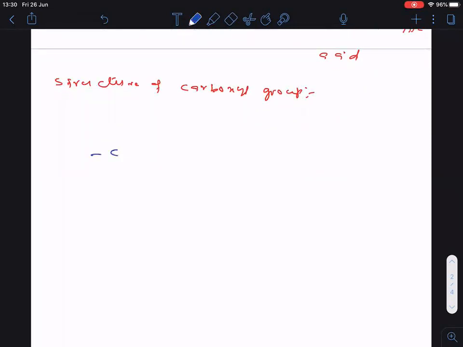Now, carboxylic acid is this one, am I right? So here the oxygen carries 2 lone pairs.